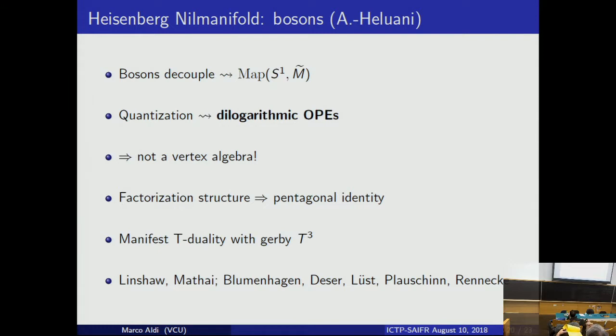But in any case, you have manifest T-dualities of the sigma model targeted on the Heisenberg Nilmanifold with the torus with the 3-form flux, and similar arguments were found by physicists shortly after, and then later Linshaw and Mathai also look at the same issue, but from a slightly different point of view.